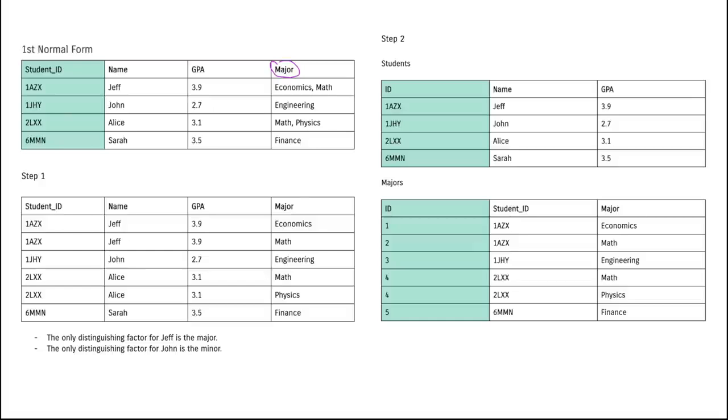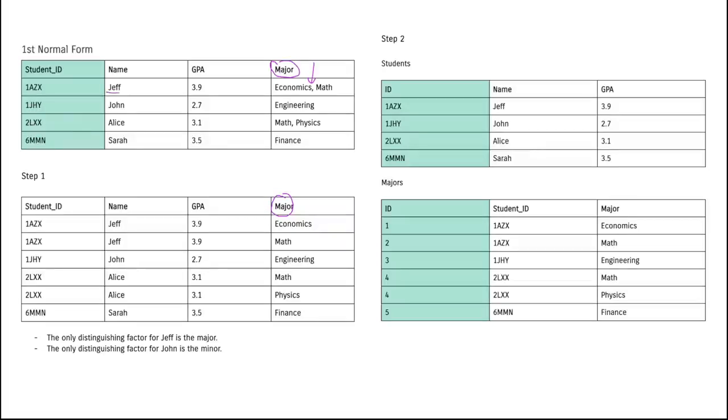So what we're going to do first is separate these values by creating a new table. This is just an intermediary step, and you're not actually going to do this on the IB exam, but I'm doing this to show you how we get from non-normalized to first normal form. So right here in this table, we're just going to repeat rows.